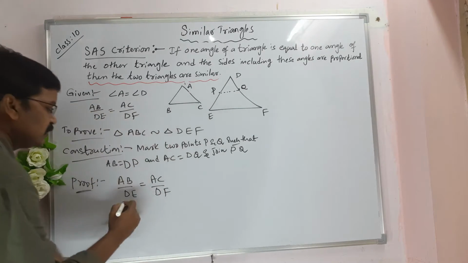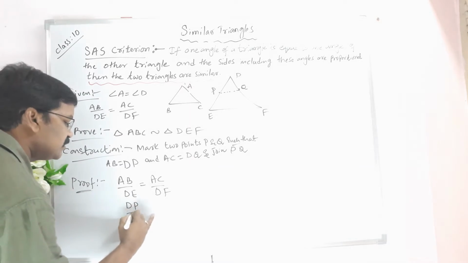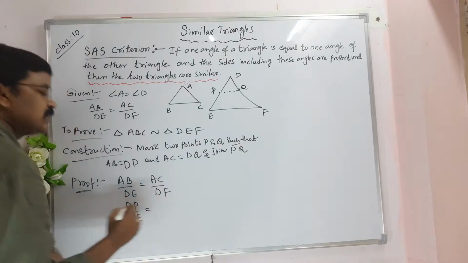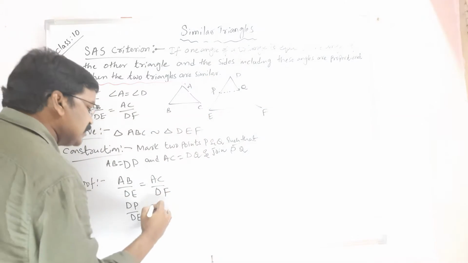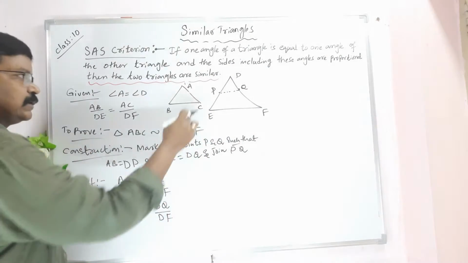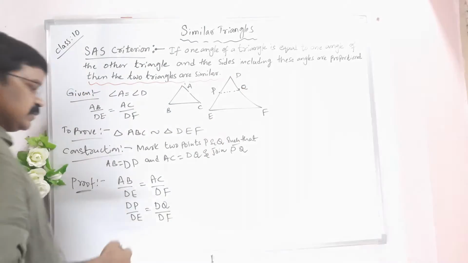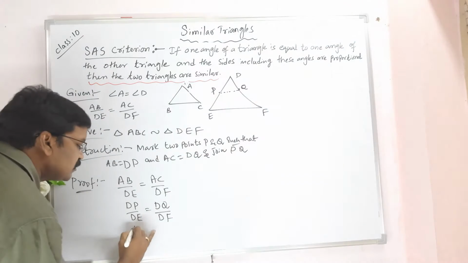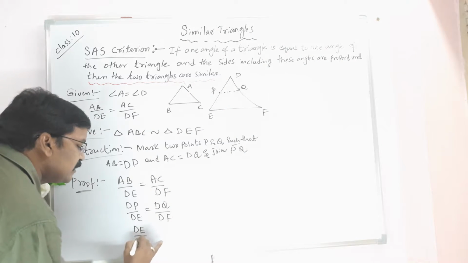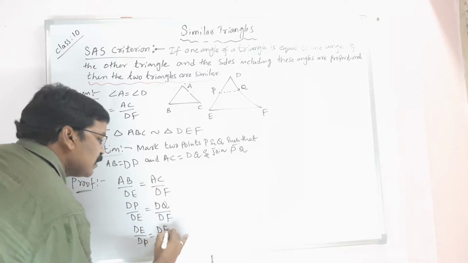Instead of AB, we can write DP, and instead of AC, we can write DQ. So DP by DE is equal to DQ by DF. Same process, just reciprocals: DE by DP is equal to DF by DQ.